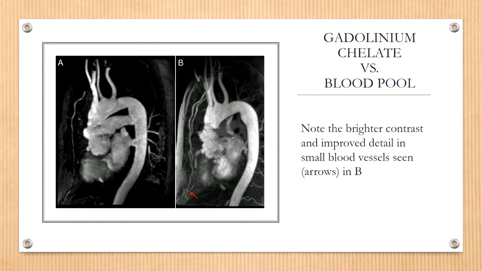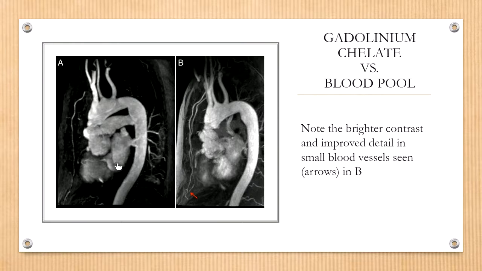So let's look at how blood pool agents compare to regular gadolinium chelate. These two images right here are MRA studies of the heart and the aorta, as well as the branches off of the aorta and the branches into the lungs. And as you can tell, one of these has a more significant difference in contrast levels from the lungs into the heart and the aorta and the major vasculature.